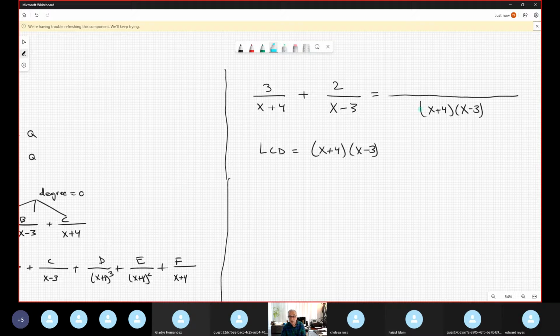It's obvious that this is cancelled out and x minus 3 stays alive, times 3. You follow me? Plus, when you divide the LCD again by the second denominator, it's obvious that x minus 3 is cancelled and x plus 4 stays alive, times 2.